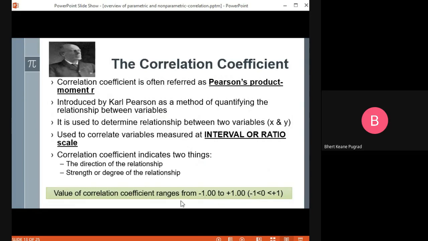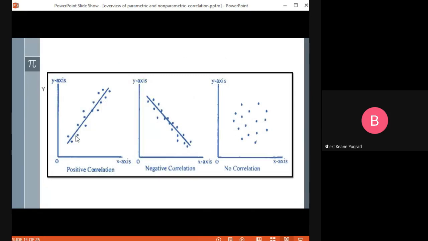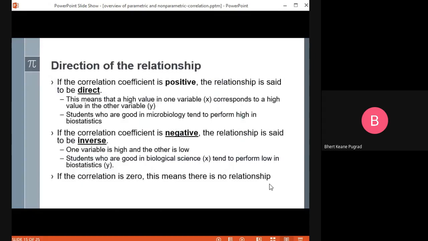So kapag negative, that's your negative or inverse relationship. Kapag positive naman, it's a positive relationship or a non-inverse relationship. So this is what I mean by positive correlation, pataas, negative correlation naman pababa, and kapag scattered, there's no correlation. The direction of relationship.